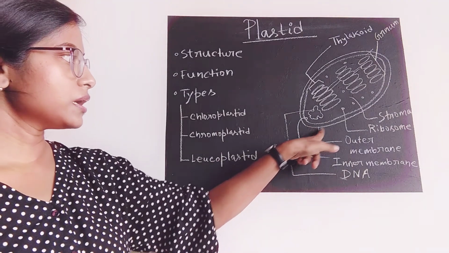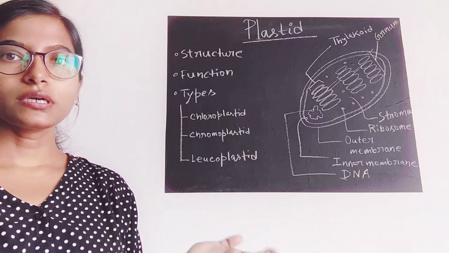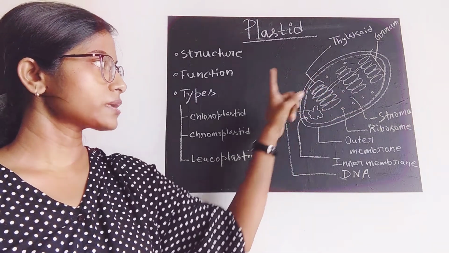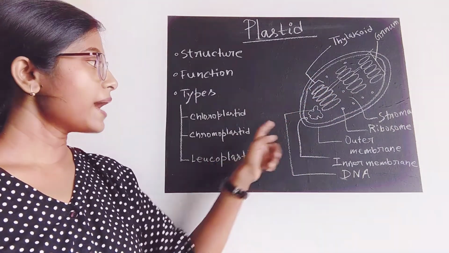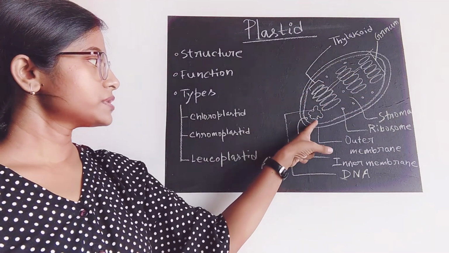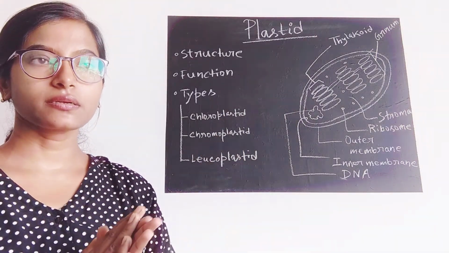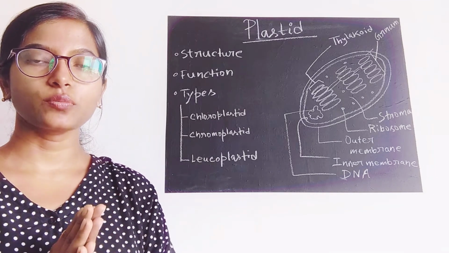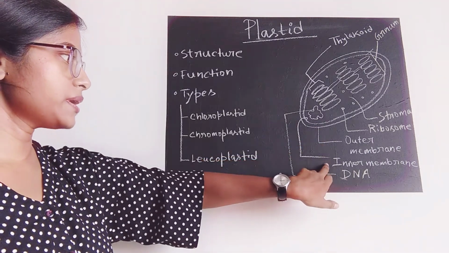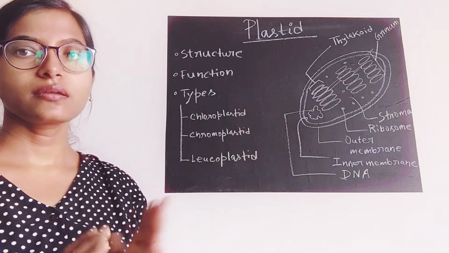So there is an outer membrane which is separating the inner section of plastid from the outer cytoplasm, and then there is another inner membrane which also helps in the separation of the internal portion of plastid from the cytoplasm. Between the outer membrane and inner membrane, there is a gap which is called the peri-plastidial gap.